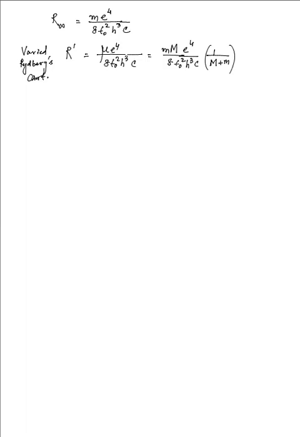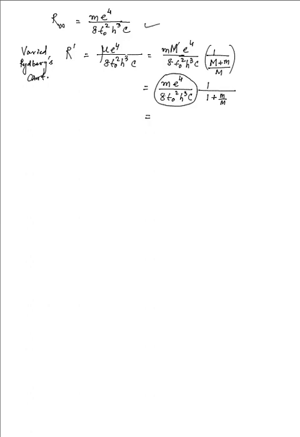And if I take the capital M from this and I divide it over here, there shouldn't be any problem with that. And what I get is m e to the power 4 over 8 epsilon naught squared h cube c, and this one M by M goes to 1, and this is simply m divided by M. Now this value that we have over here, if you see, it's exactly this one.